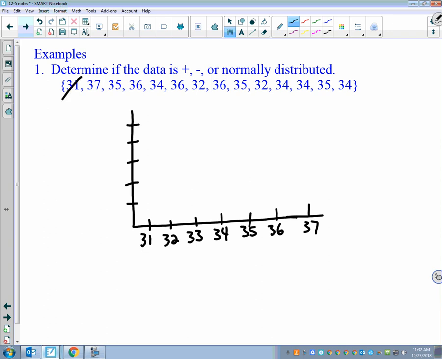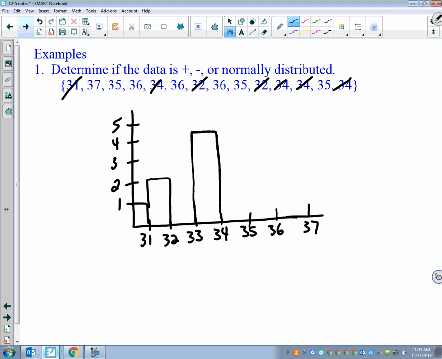So 31, there's only one 31, so I can make a little bar graph here for 1. 32, there are two 32s. You could also do tally marks, I guess. 33, there are no 33s. 34, one, two, three, four 34s.